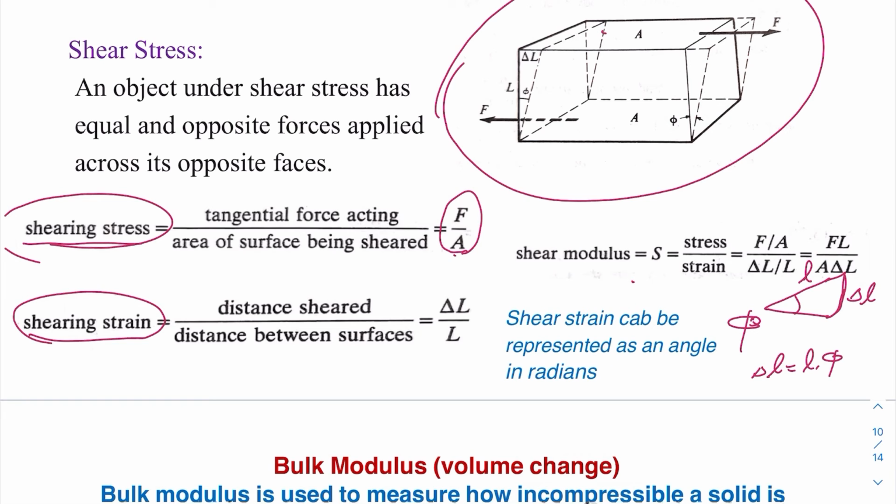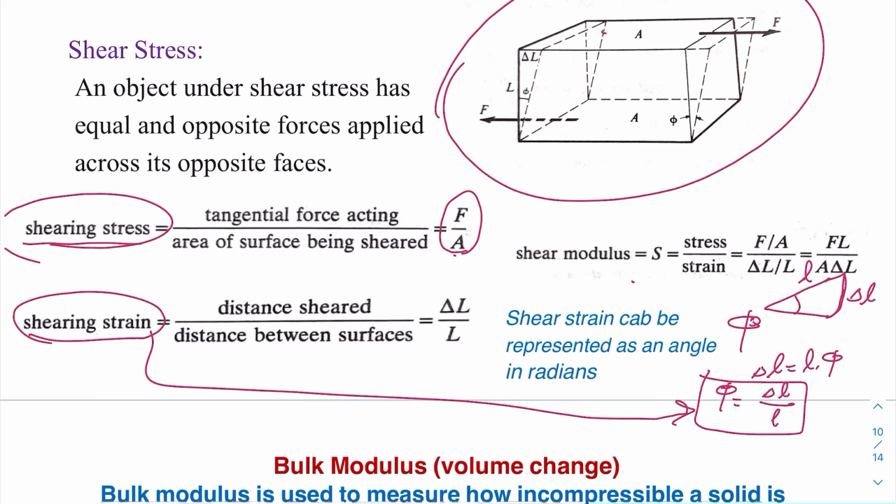Solving for phi, it is delta L divided by L, which is the same concept. So shearing strain is sometimes shown by phi.